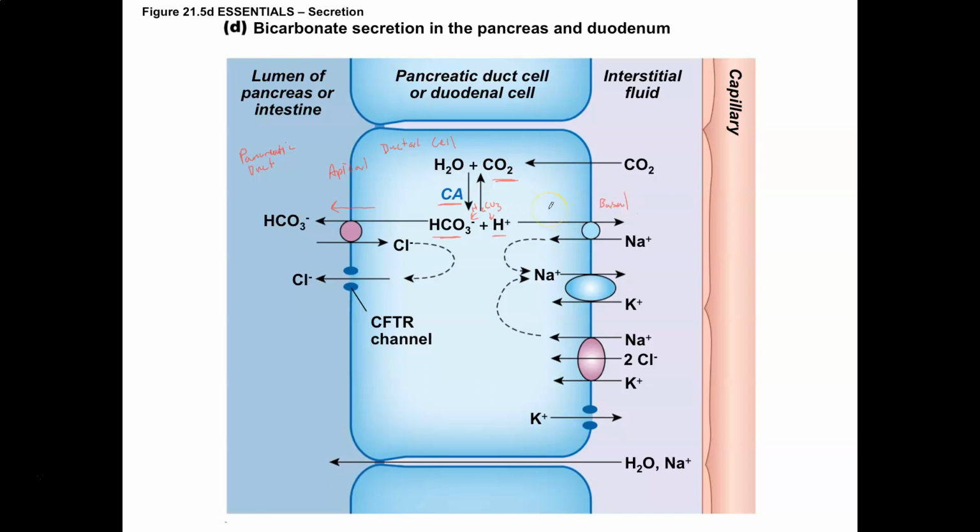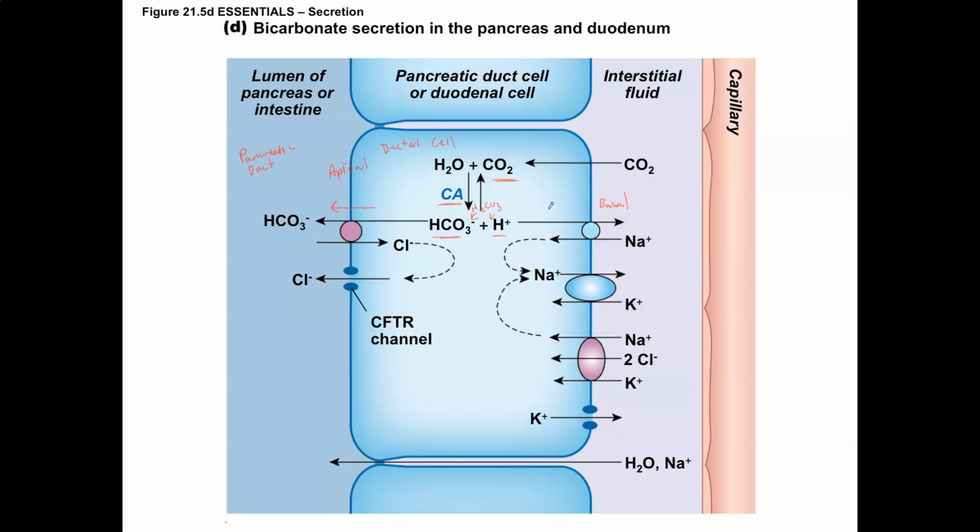So it's the opposite of what we see in the parietal cells. So bicarbonate and hydrogen ions are produced when CO2 and water are enzymatically catalyzed by carbonic anhydrase. The bicarbonate is going to move into the pancreatic duct. Hydrogen ions are going to move towards the cardiovascular system.